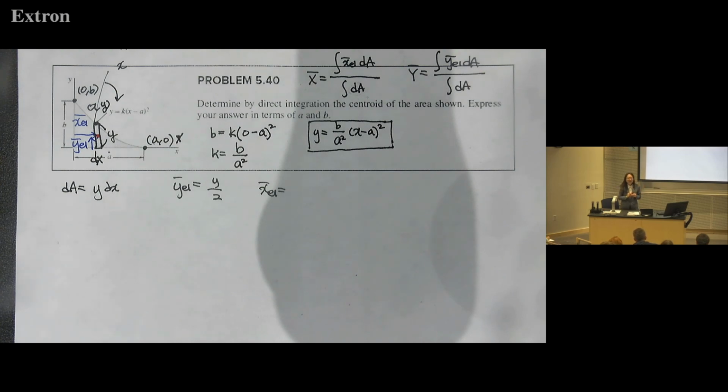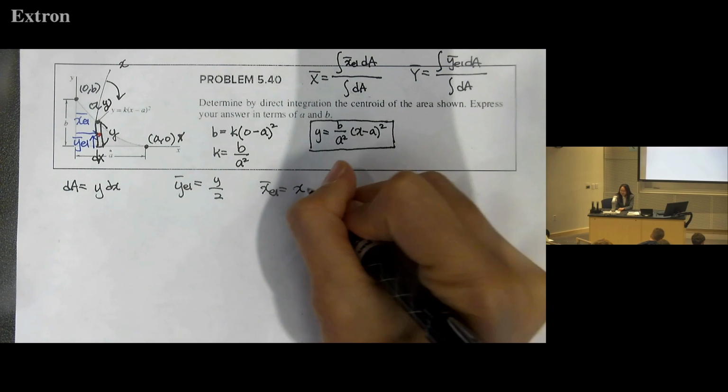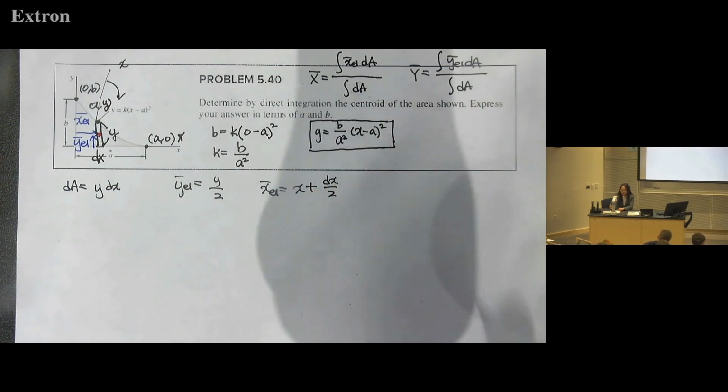So it's not exactly x plus dx over 2, right? Because x is this point, dx is this base, and the centroid is the center point. So I write it down: x plus dx over 2.